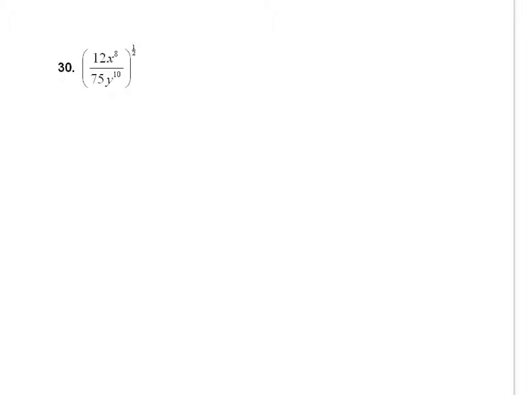Number 30. First thing you're going to do there, you are going to put on missing exponents. So if I put on my missing exponent, I have a missing exponent on the 20, on the 12, and on the 75.